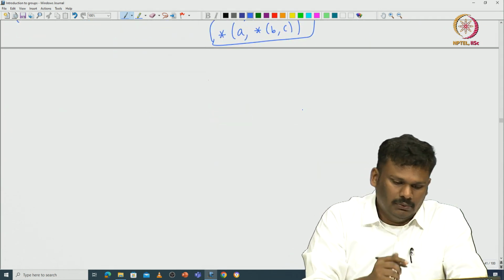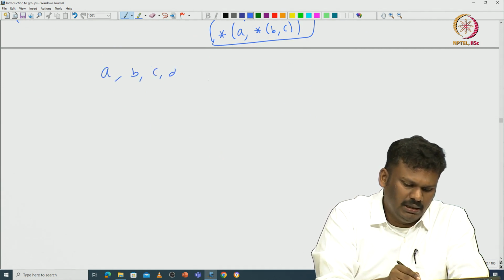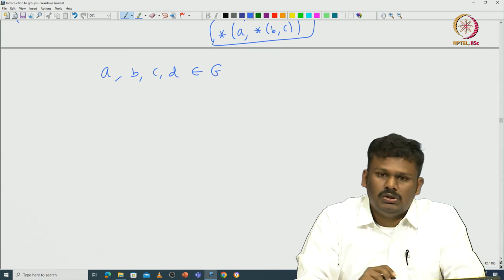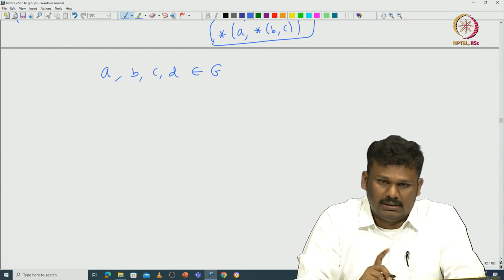Okay. So now let us start with 4 elements A, B, C, D inside G. So then you can see that now there are more possibilities of taking these successive brackets, or the products between these elements.